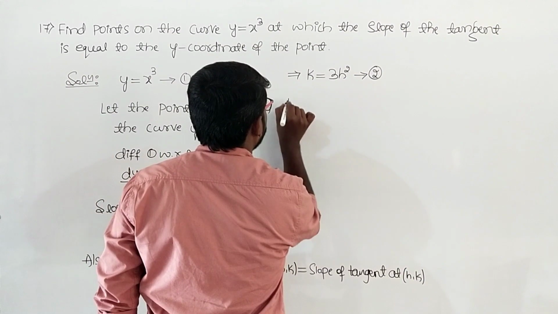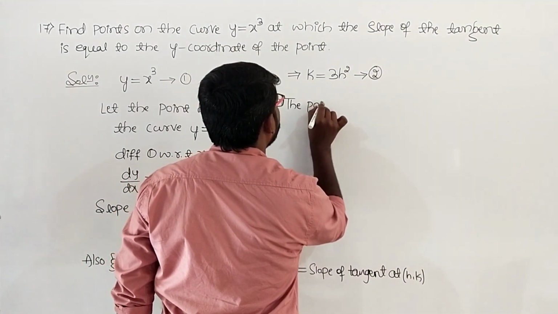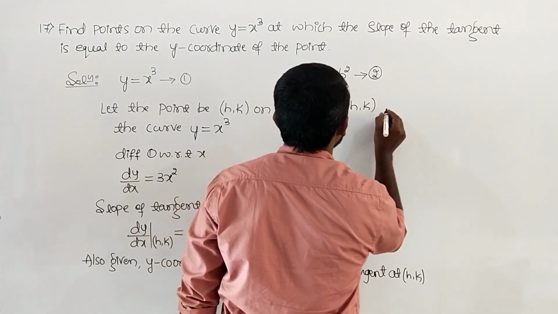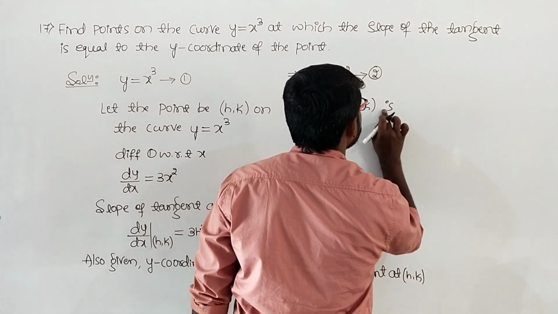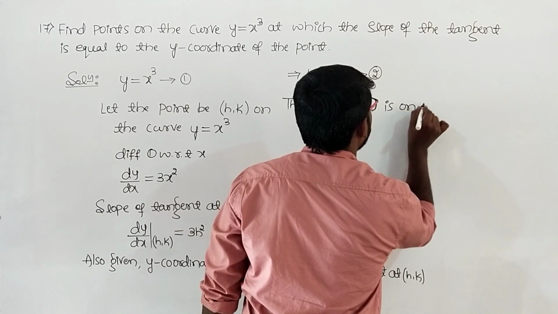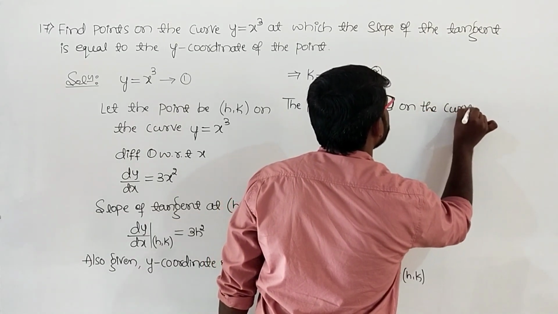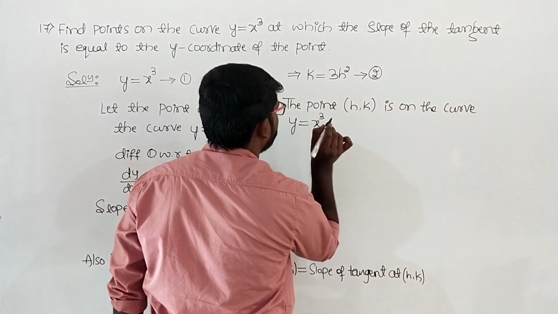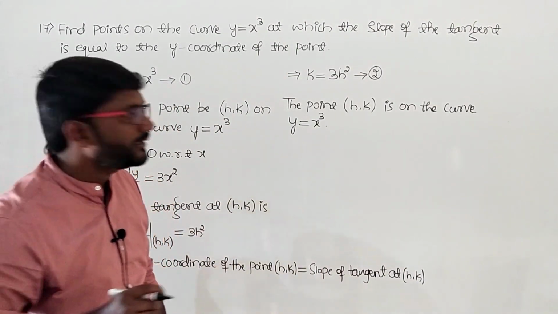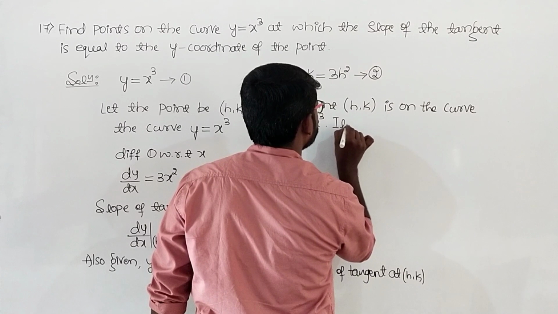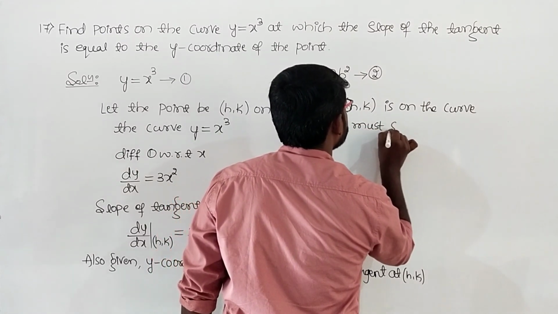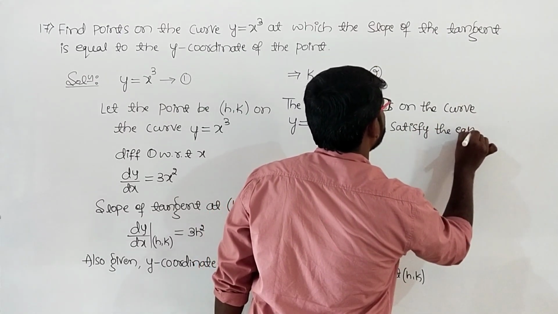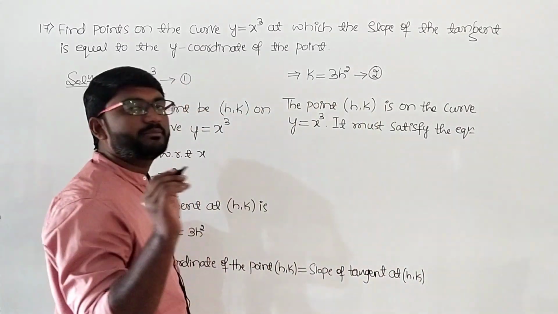So here the point h comma k is on the curve y equal to x cube, that means it must satisfy the equation of the curve.